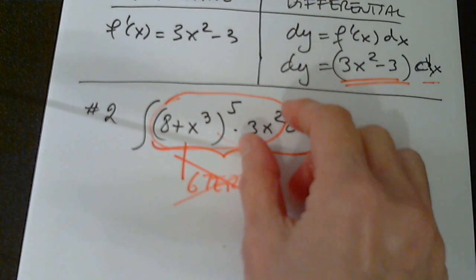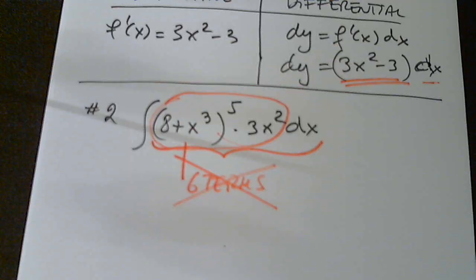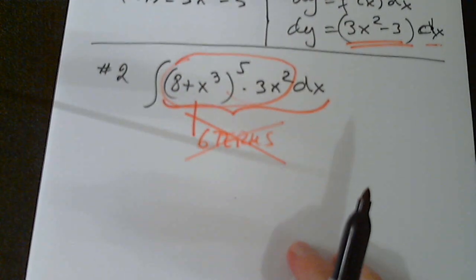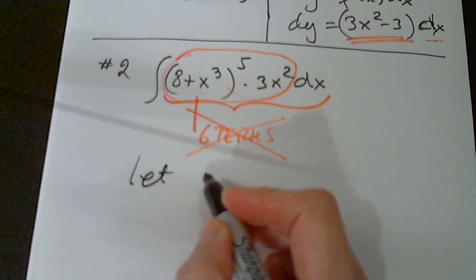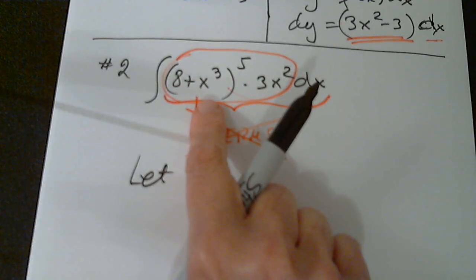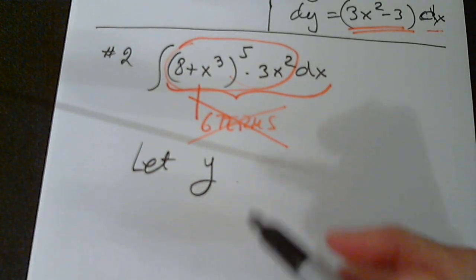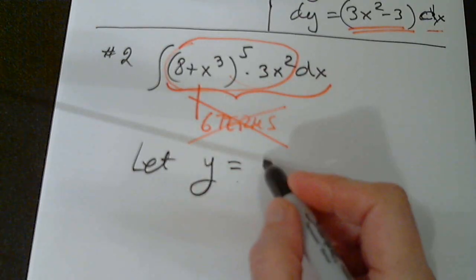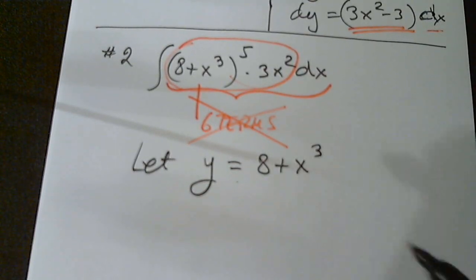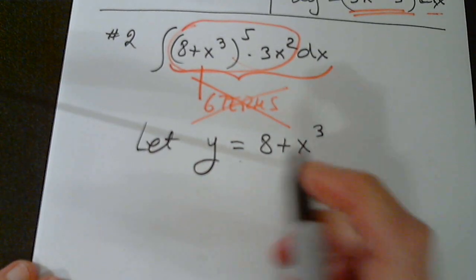The first piece or the second piece? The first piece. Of course, absolutely. So I'm going to say let any letter except x. You can use any letter you like. Let's say let y be this 8 plus x cubed. So this is my substitution.